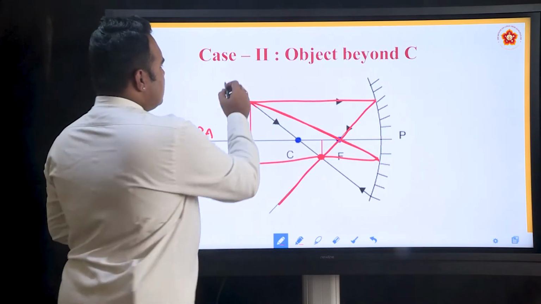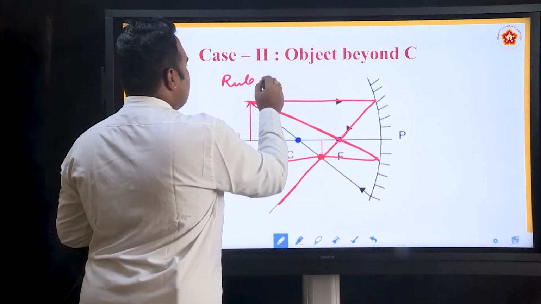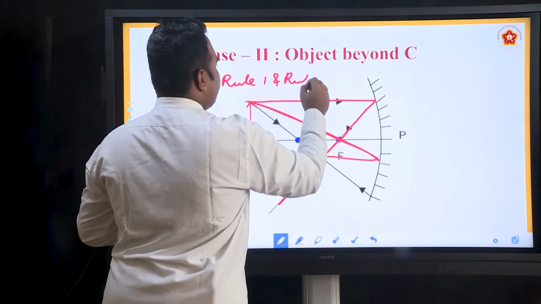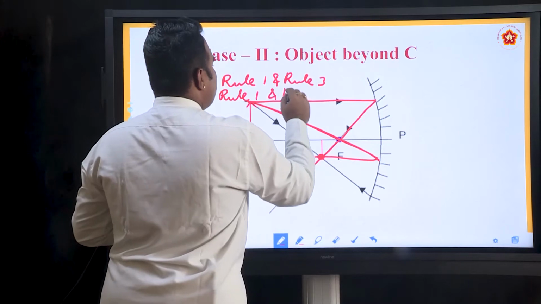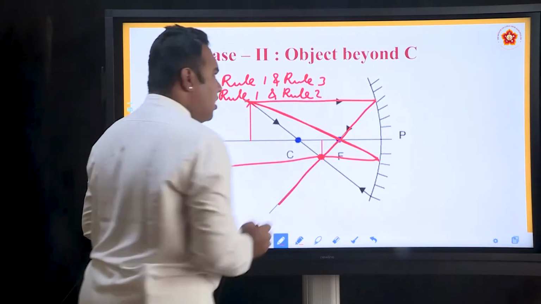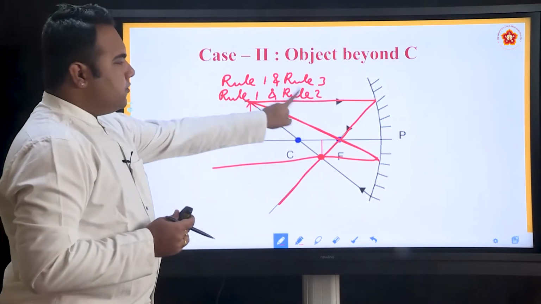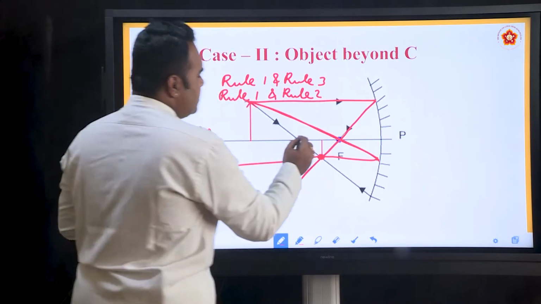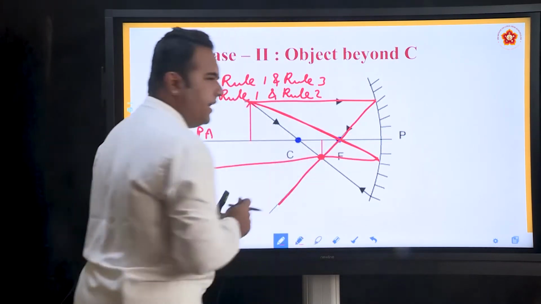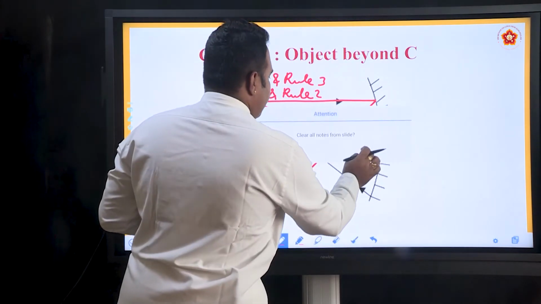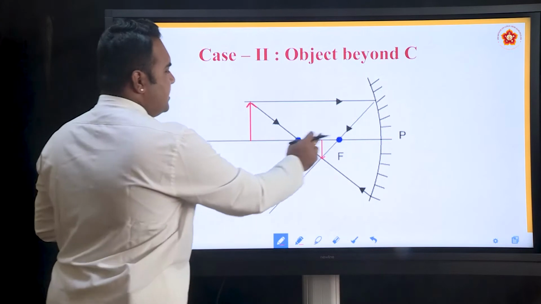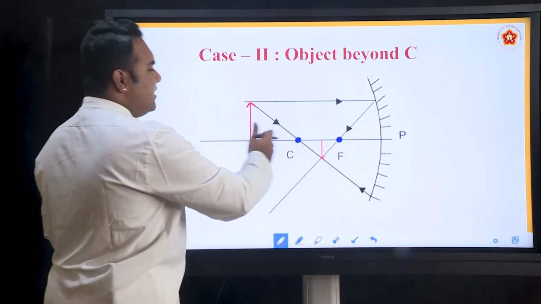So, whether you use rule 1 and rule 3, or rule 1 and rule 2, or rule 2 and rule 3, in any case the image is always formed between C and F. So, this way the image is formed between C and F whenever the object is placed near the mirror.